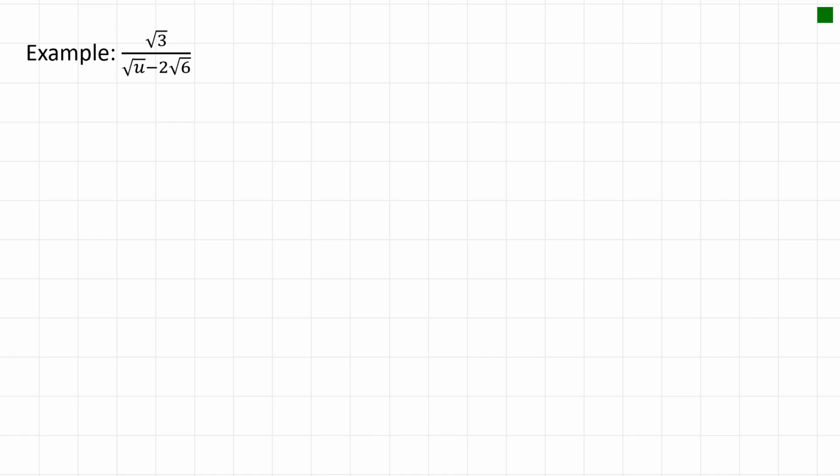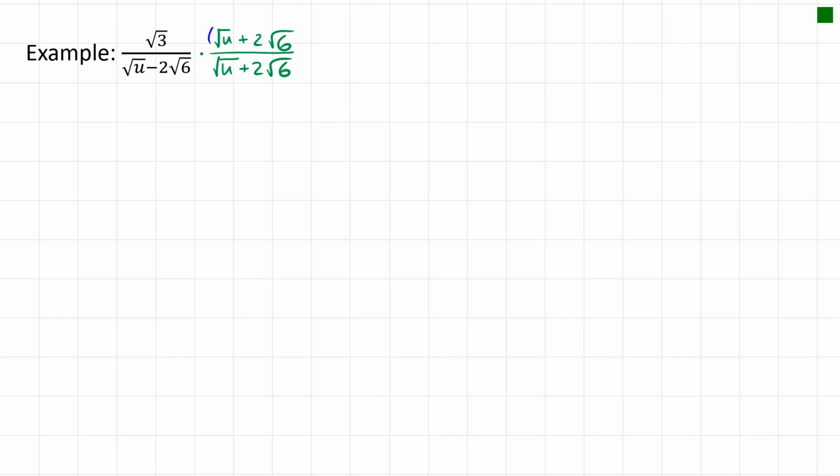Now here's an interesting example because we actually have a radical of a variable. But again, it just doesn't change the strategy. We just have to keep multiplying top and bottom by the conjugate. So root u, it doesn't matter if it's a variable there, root u plus 2 root 6 and root u plus 2 root 6 on both top and bottom.